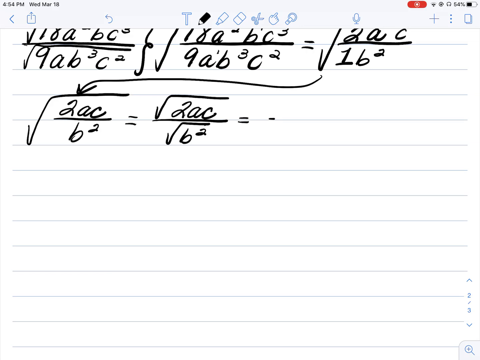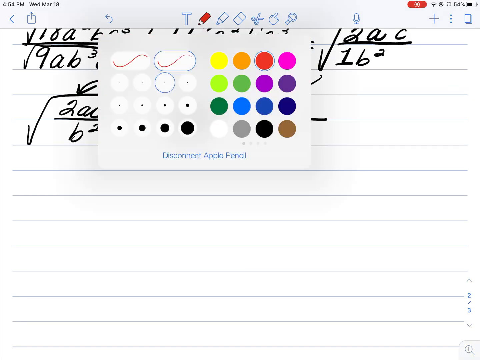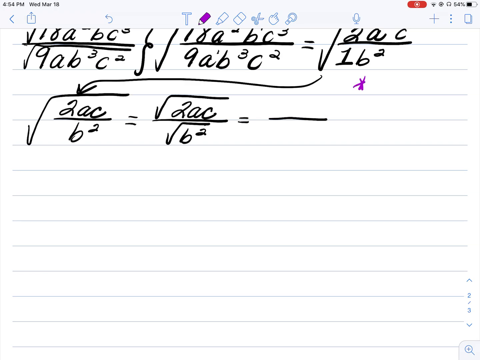And then I have some really awesome news. You don't need to multiply with itself. Here's why. So some fun facts. Any number that is being squared, and as long as it's in the radical, is just the number itself.